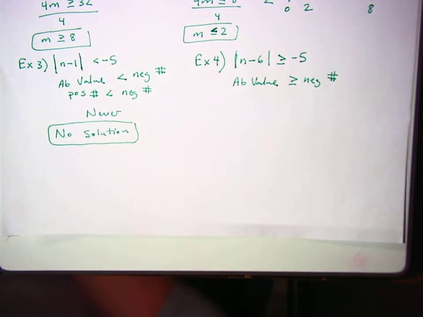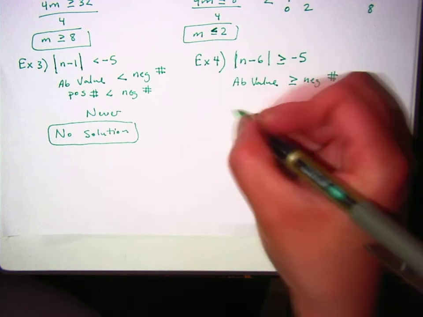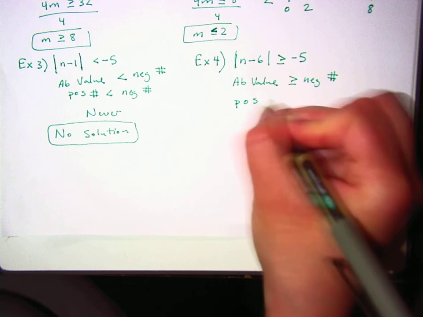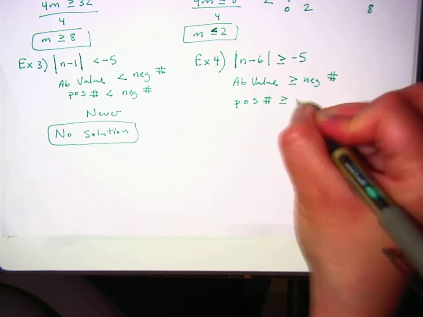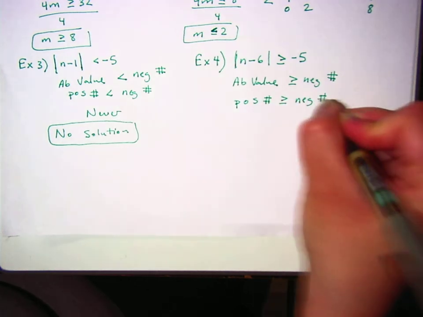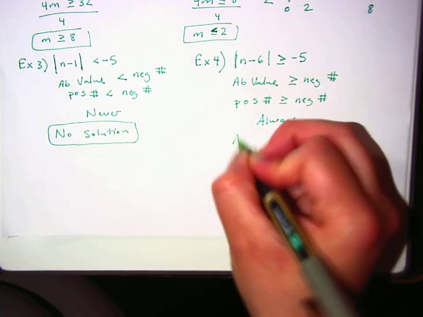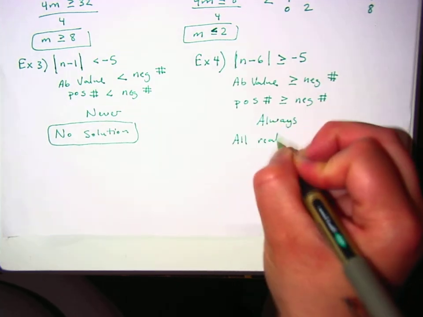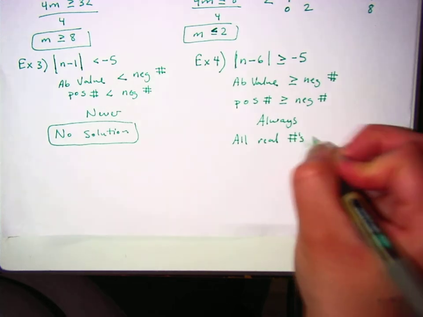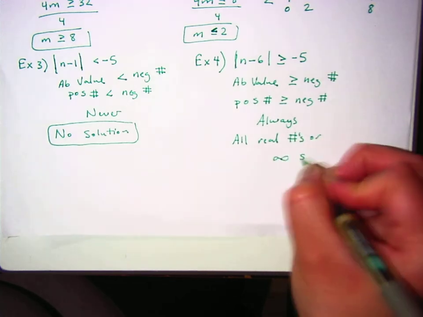So when is an absolute value greater than or equal to a negative number? Well, an absolute value is always positive. So when is a positive number greater than or equal to a negative number? Always. That means the answer is all real numbers or infinite solutions.